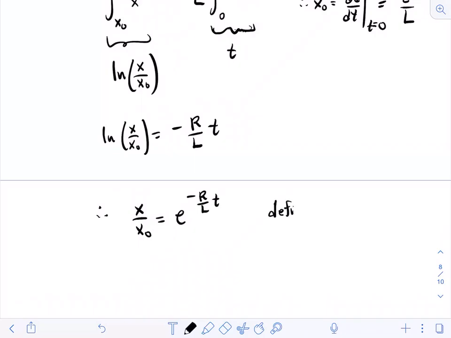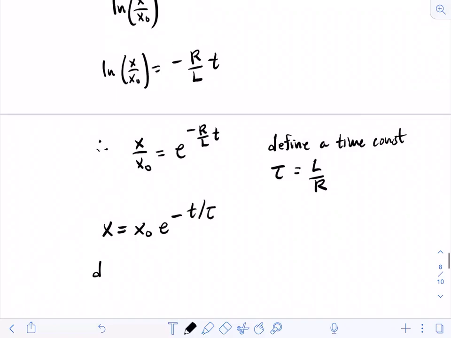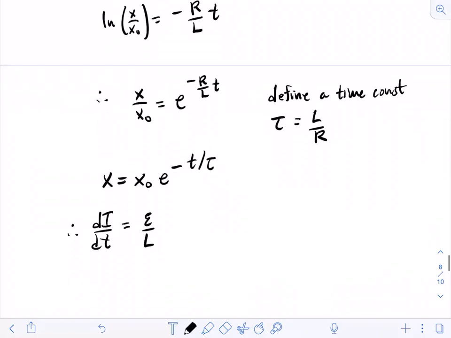Or if we define a time constant tau, say, as L over R, then we can write that x is equal to x0 e to the minus t over tau, and we know that x is di dt, and x0 was the EMF divided by the inductance.